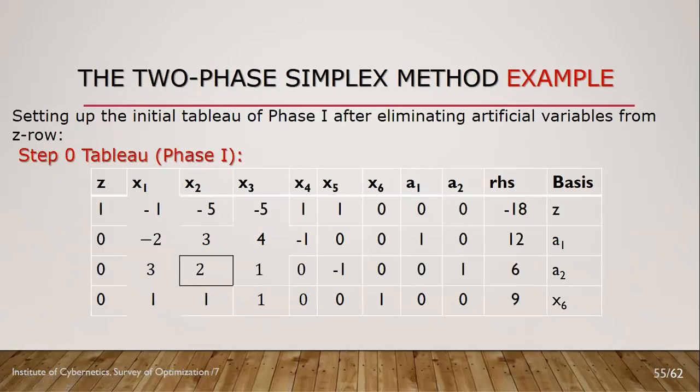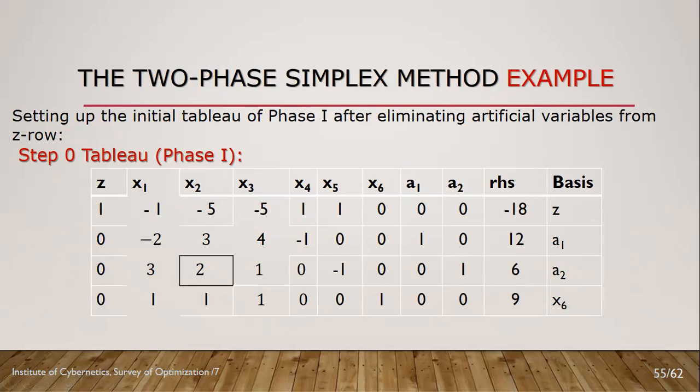Next, we set up the initial tableau of phase 1 after eliminating artificial variables from the 0. You see that they are all zeros here, and here is the table. Then we apply the standard Dantzig rule. So this is the most negative value, which is negative 5.